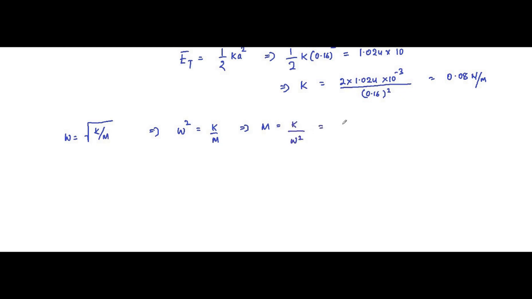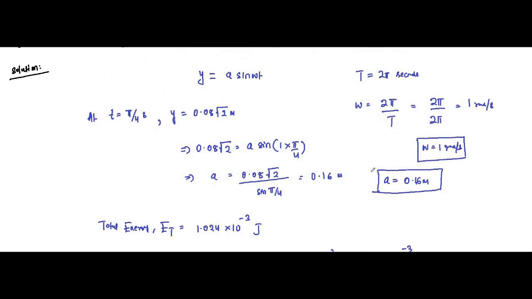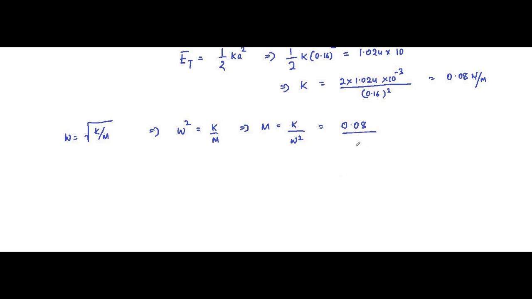So here it will be equal to 0.08 Newton per meter, which is the value of k, and angular frequency omega, which is equal to 1 radian per second, which you have calculated already. So 1 square. So the mass is equal to 0.08 kg.